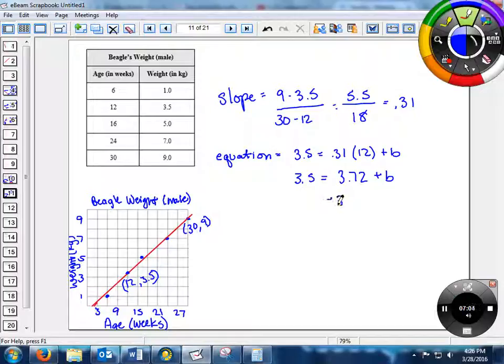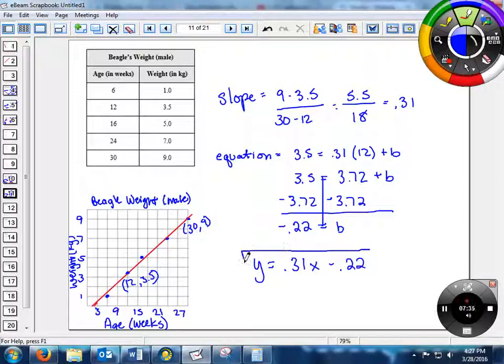I need to subtract that from both sides, and I'm left with negative 0.22 equals b. The actual y-intercept should be negative 1/2, which is a little bit off, but again, it's just an estimate. I would still consider this one pretty close. So y equals 0.31x minus 0.22, and there's your final one.